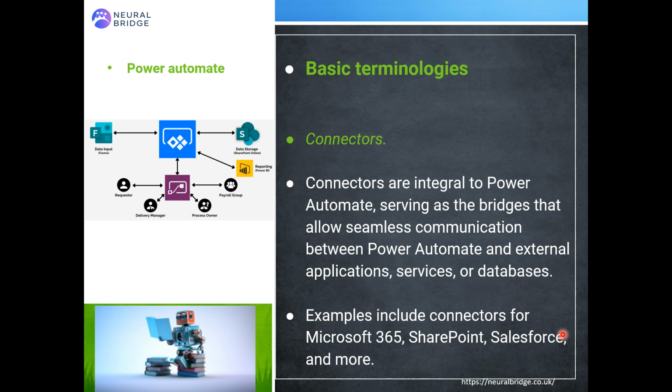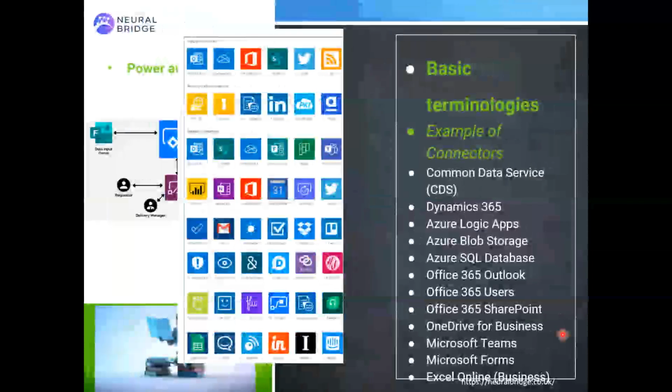Connectors are integral to Power Automate, serving as the bridges that allow seamless communication between Power Automate and external applications, services, or databases. Examples include connectors for Microsoft 365, SharePoint, Salesforce, and more. So as you can see in here, all these are considered connectors.